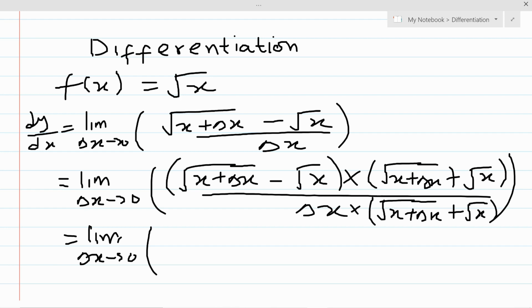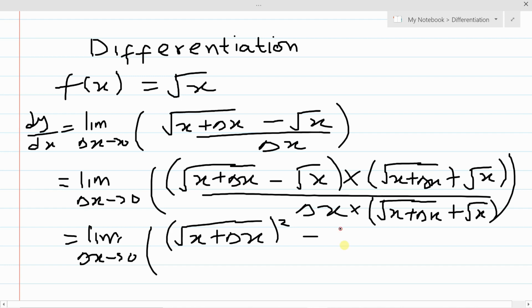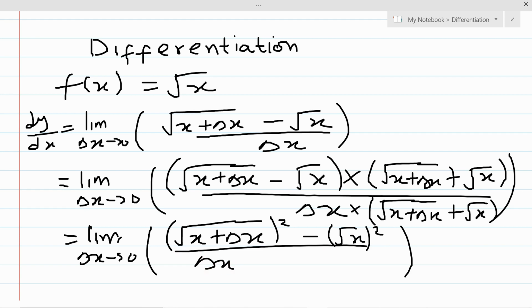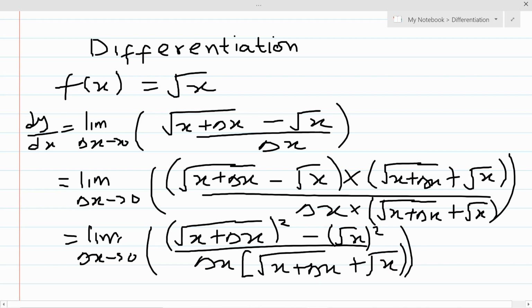So when I have the square root of x plus delta x squared minus the square root of x squared, all over delta x times the square root of x plus delta x plus the square root of x. So this is what we have.